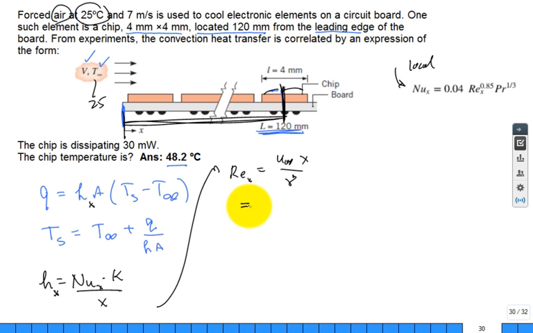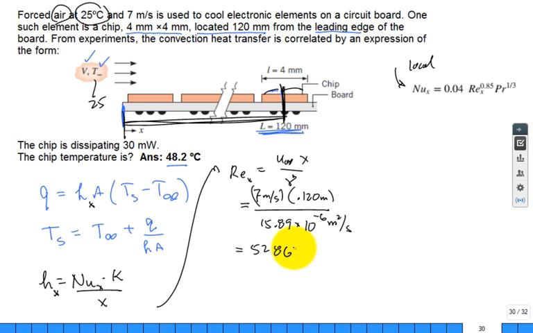So my U infinity, 7 meters per second. My distance x is 0.120 meter, and I divided by 15.89 times 10 to the minus 6 meters squared per second. The units work, we get a Reynolds number that's 52,863. Then we put that in there.